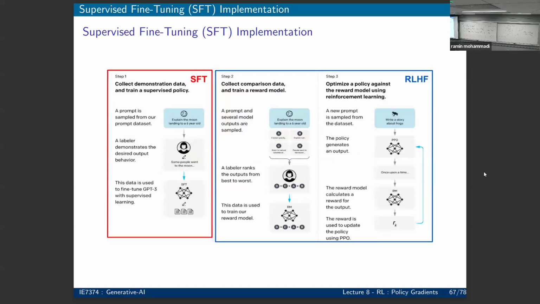So let's start with step one on the left. In supervised fine-tuning, you collect some data and pass it to human labelers. They go through the data and label it with whatever is supposed to be the output, and you do SFT, fine-tuning, for example, a base model. So what you end up with is the SFT model, the fine-tuned model. Let's say OpenAI has, I don't know how they did it, but let's say they have a large base model.